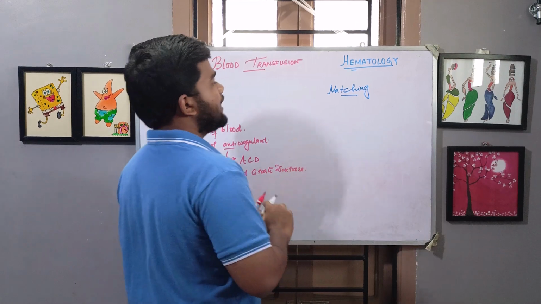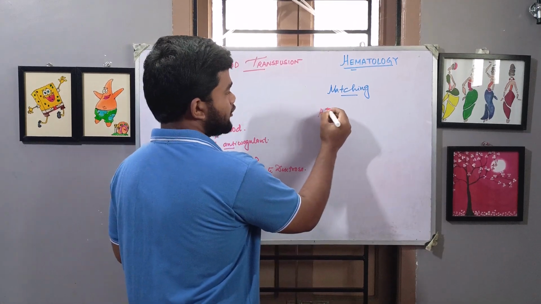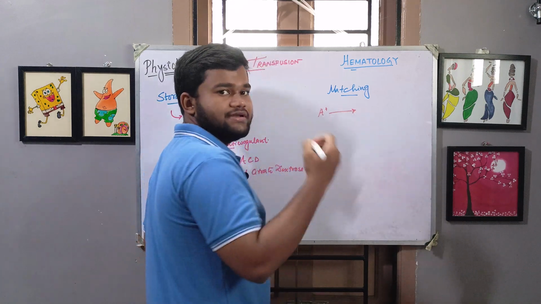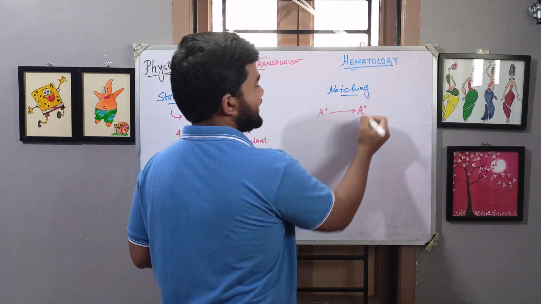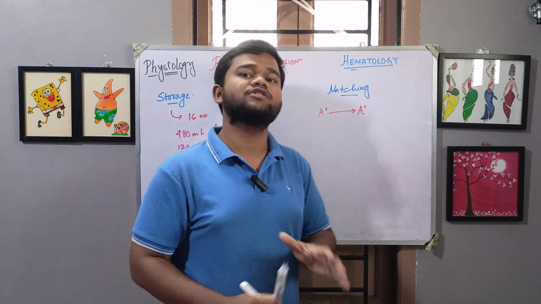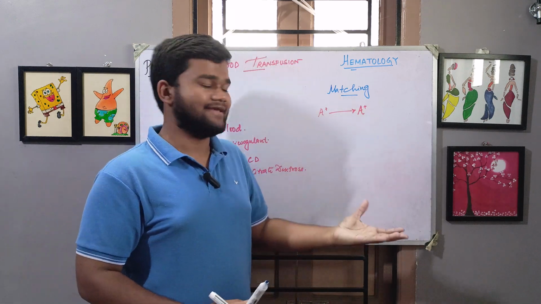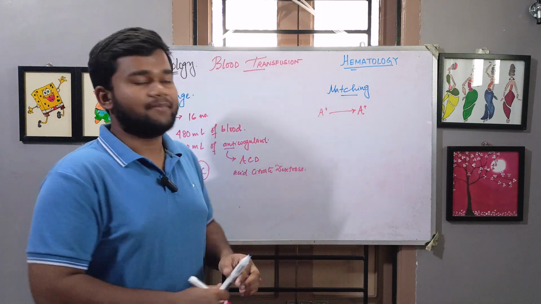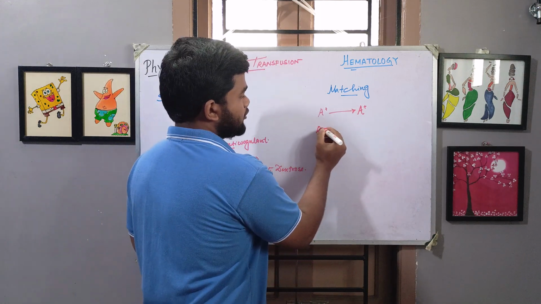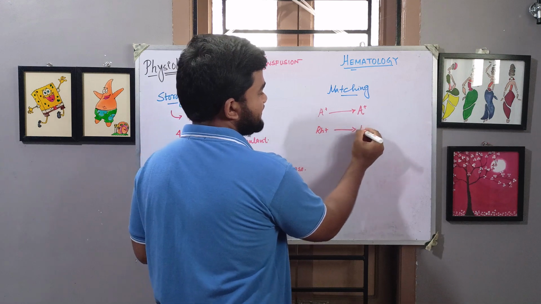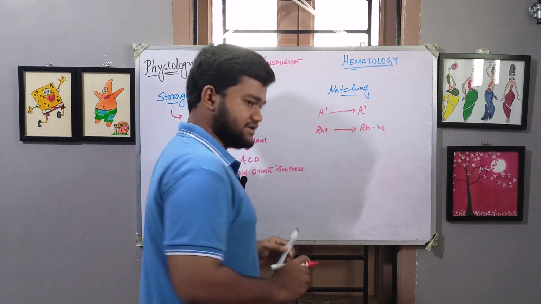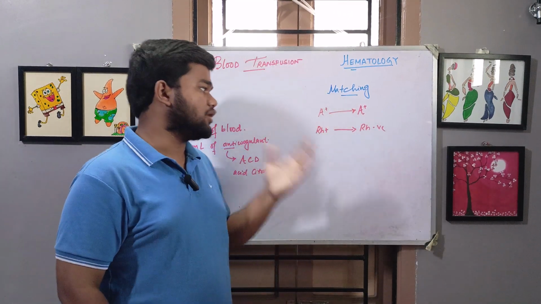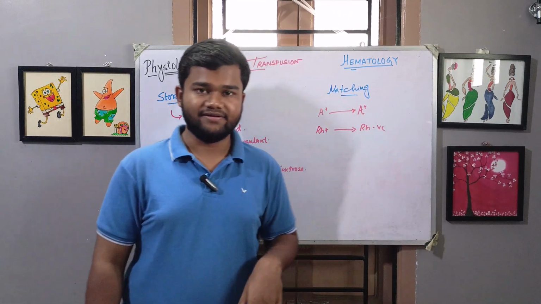For example, a person with blood group A positive can provide his or her blood to a recipient having blood group A positive without any delay and without any problem. But in other cases, it needs to be judged properly. We should always keep in mind that Rh positive blood can never be given to an Rh negative person, because it will then start preparing antibodies against the Rh antigen.